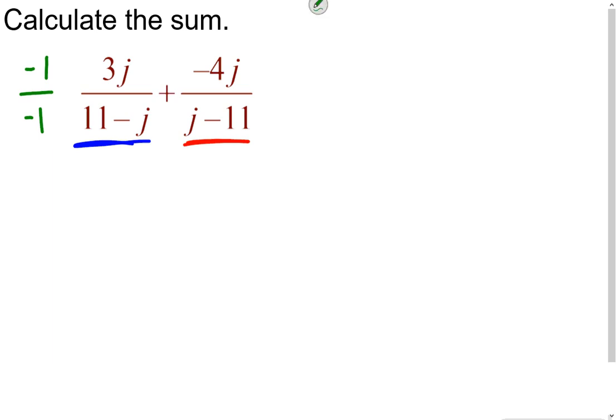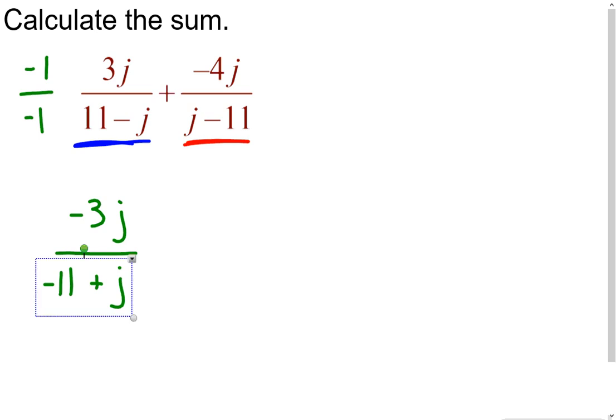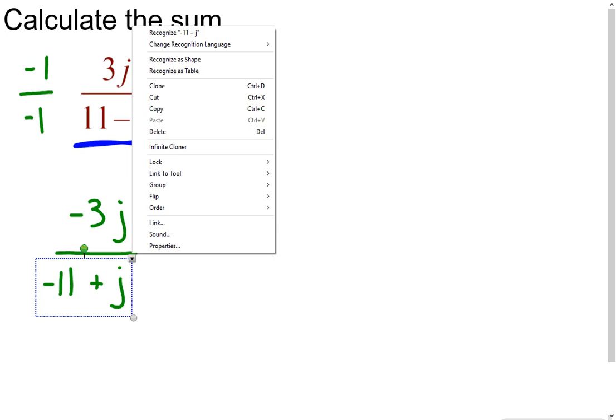So if I multiply that numerator by -1, I end up with negative 3j. Multiply my denominator by -1, now I have a negative 11 plus j, which some of you are saying, well, it still doesn't look like what I have underlined in red, but I could take this and just switch the order.